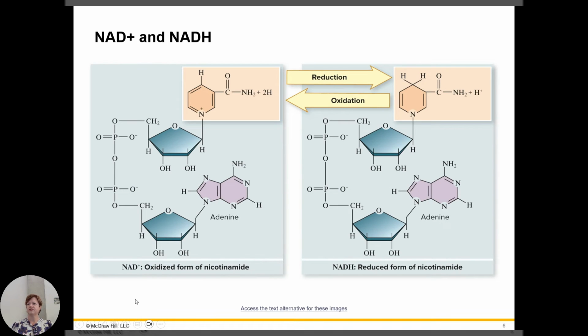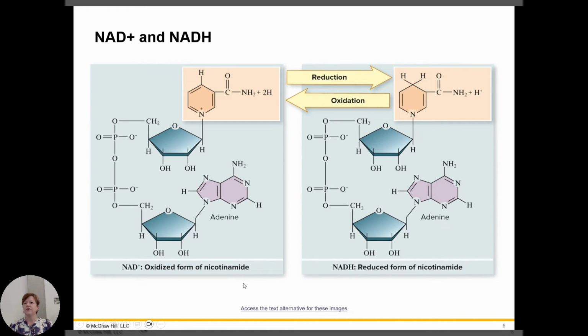And here's the structure of NAD and the structure of NADH, which you do not need to memorize. But you may have noticed that in the name NAD, the D stands for dinucleotide, and I think you guys can recognize the two nucleotides connected together that make up the main part of this molecule. And then there's some other stuff up here.